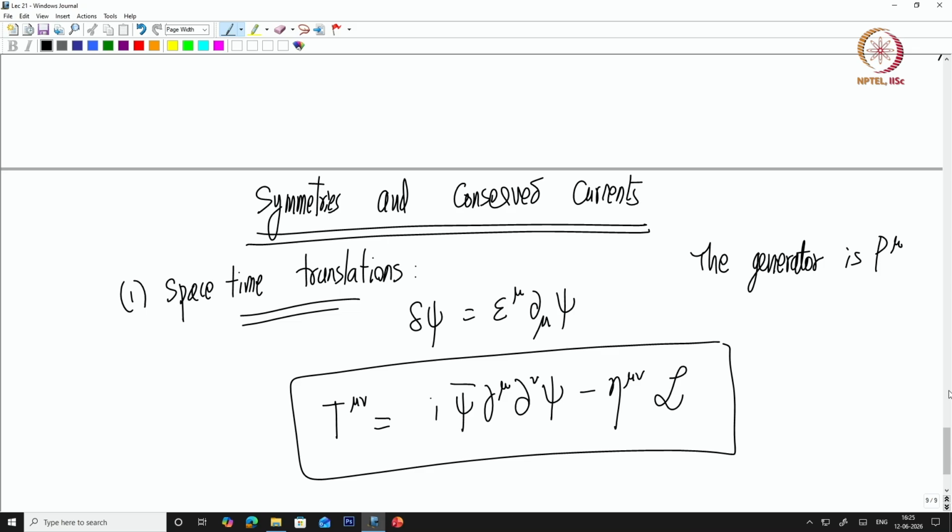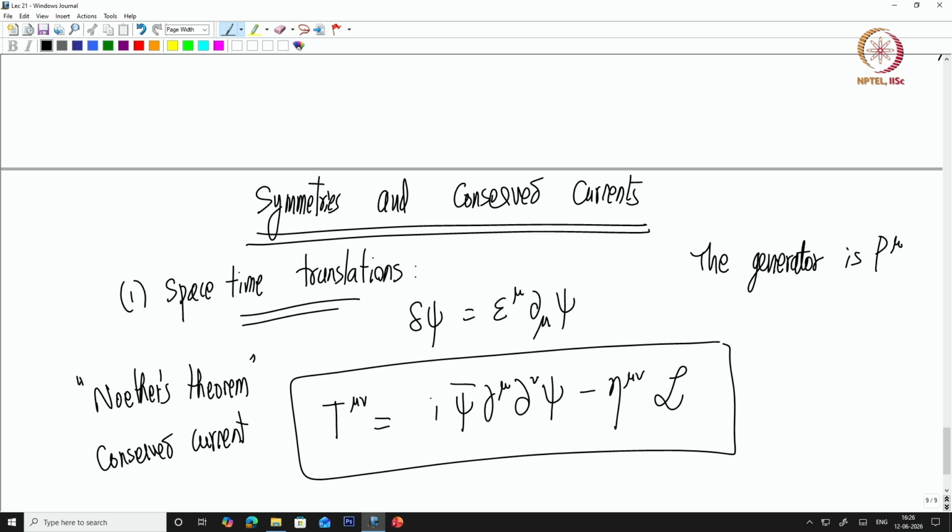Under Noether's theorem, this gives the conserved current to be the energy momentum tensor.